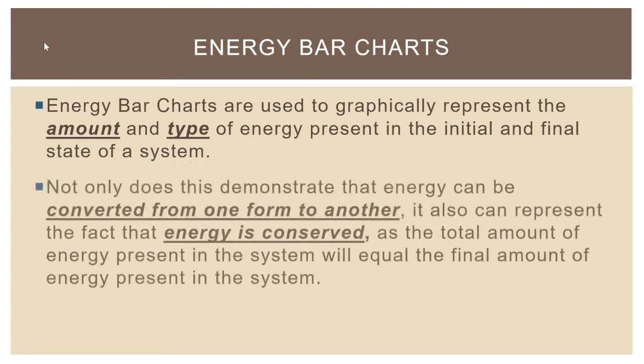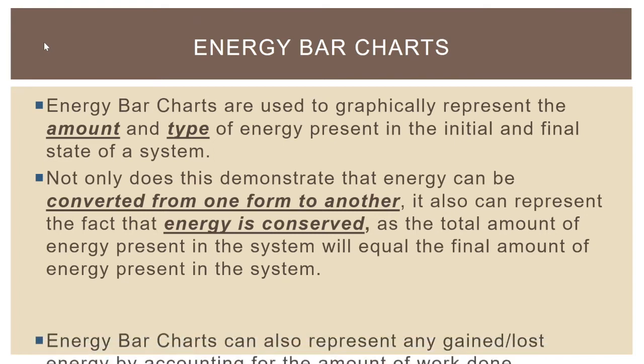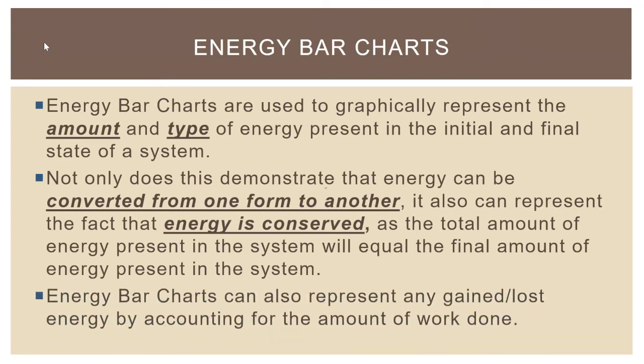The second thing we can say here is that, like I mentioned, this demonstrates that energy can be converted from one form to another if you see different forms of energy present in the picture. But it can also represent the fact that energy is conserved when you see the heights of those bars staying the same over time between the initial state and the final state. And the other thing we can say here is that these energy bar charts can also represent any gained or lost energy by accounting for the amount of work done.